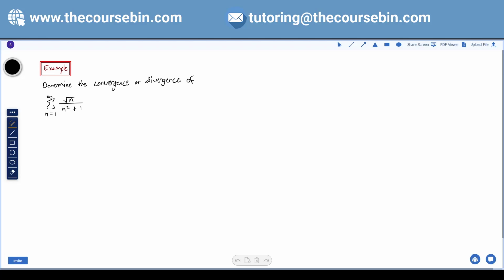But remember what the conclusion says, right? The conclusion says that either both are convergent or both are divergent. So we know that this series is positive, so we need another series that we can compare it to that's also positive.